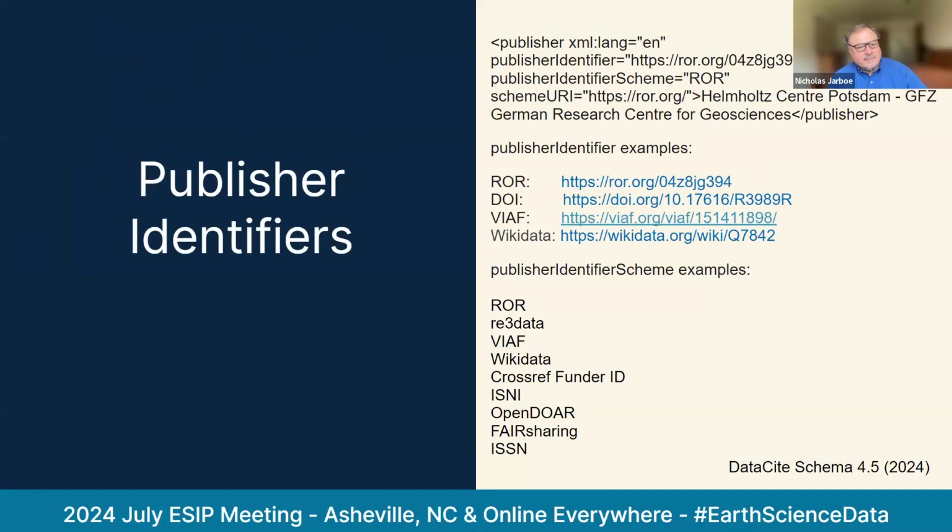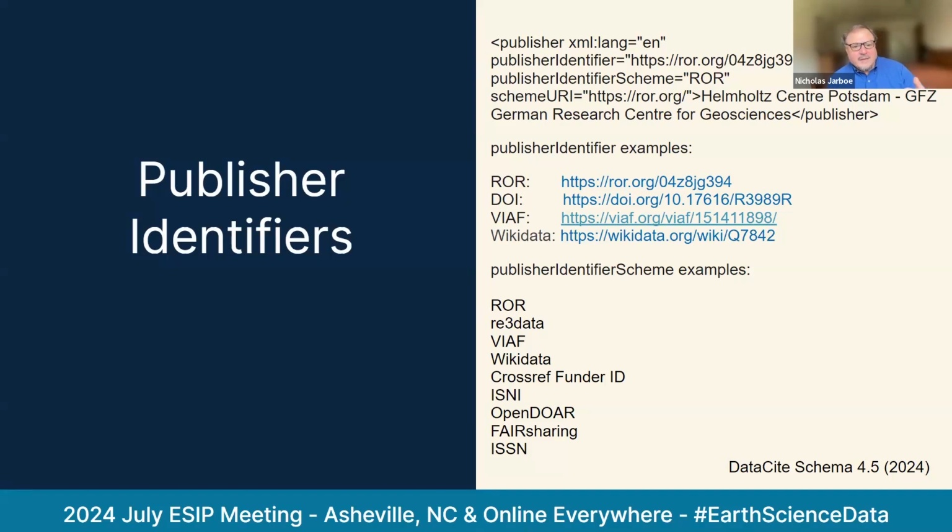Obviously many of you here are data repositories or other people that are producing these DOIs, and so you're the publisher in this case. You want to label yourself and have people be able to find you through the web or other search mechanisms. So this publisher identifier has been set up. You describe your language. You put in the publisher identifier, so that would be yourself.